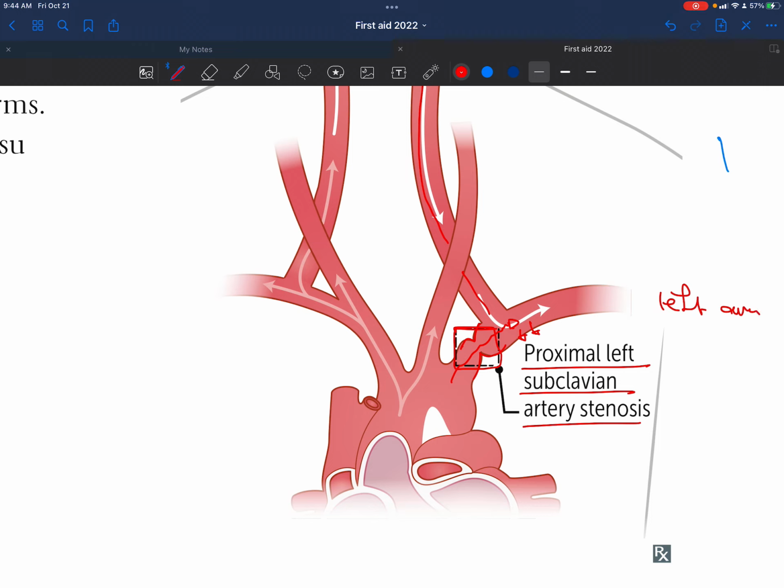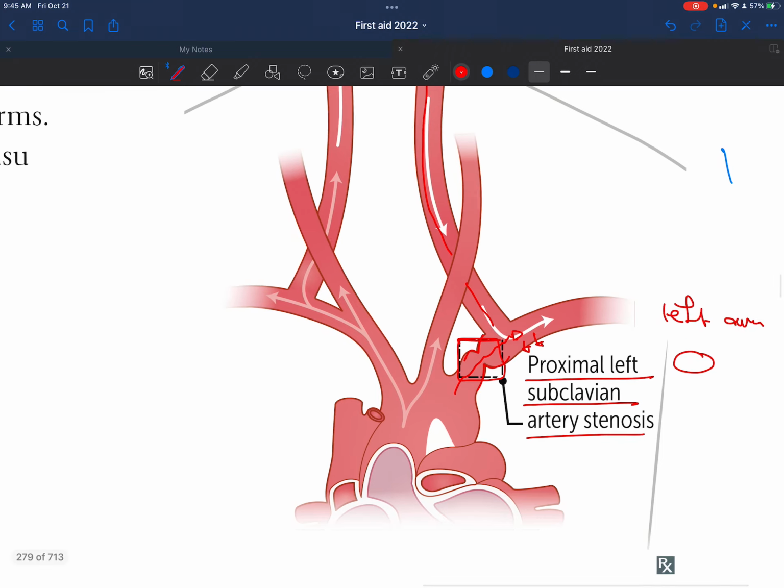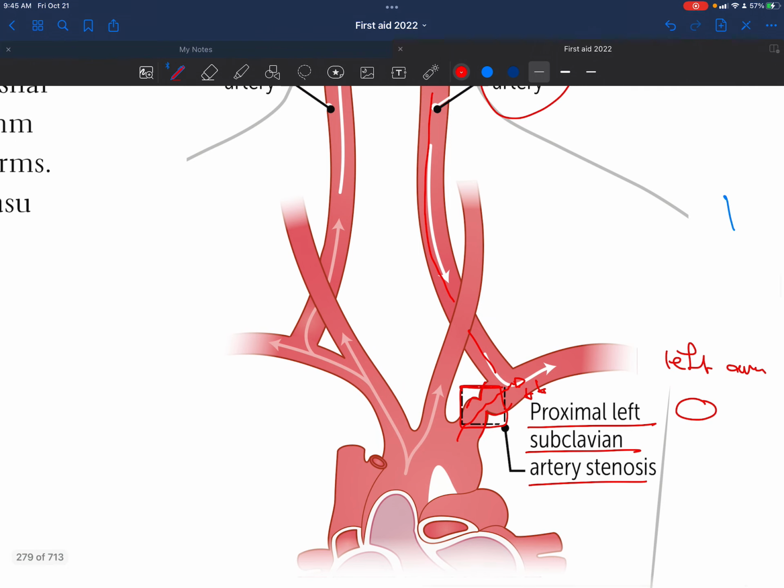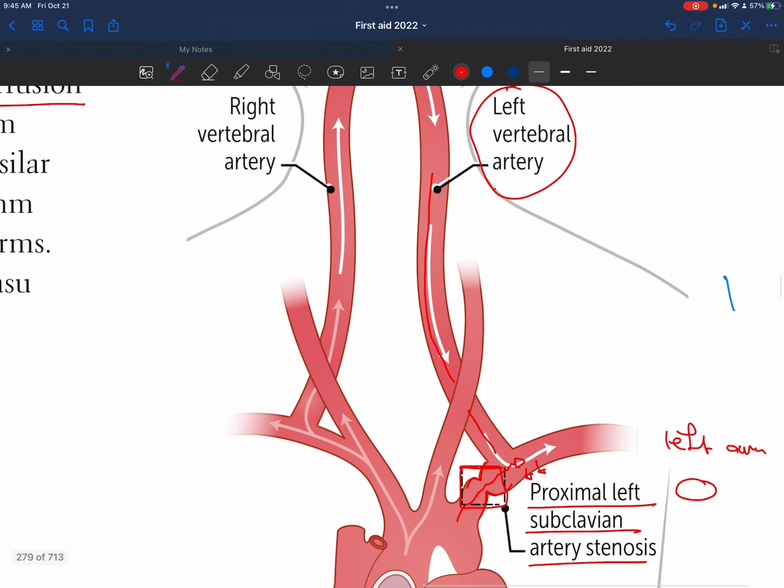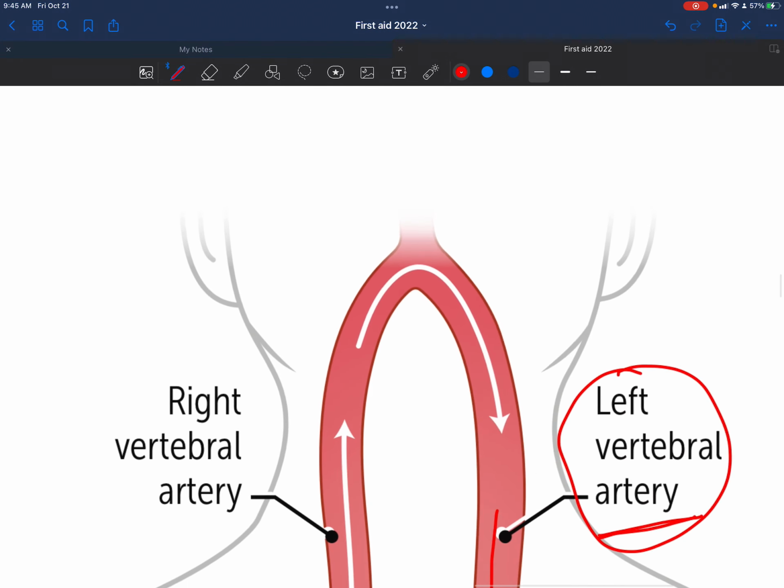So that means on exertion, whenever we are using the left arm or something, the left arm still needs to be supplied with blood and oxygen. So what happens here is that the left vertebral artery goes to the rescue.